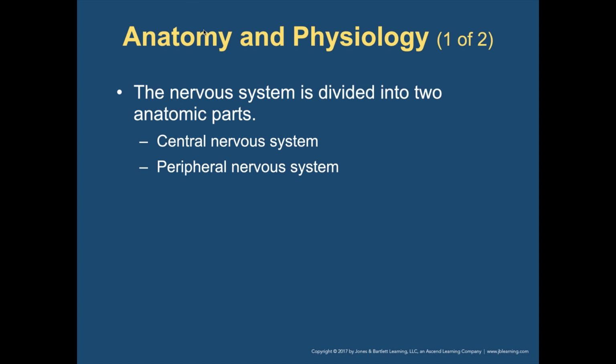All right. So for your anatomy review, your nervous system is divided into two anatomic parts. You have your central and your peripheral. Those are the two physical differences. We have two job description differences as well, when we talk about the sympathetic or the parasympathetic nervous system. Those two systems are ways that the nervous system will function, but physically, it's the central and the peripheral.